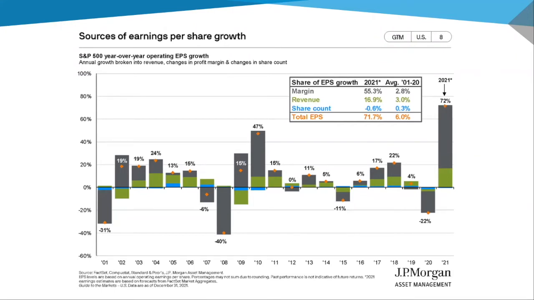Earnings were so strong, in fact, that even with the S&P 500 increasing 28%, if you include dividends, the price-earnings multiple, which is how much investors are willing to pay for a stock, was actually driven down throughout the year. So said another way, stocks actually grew into their lofty valuations from the end of 2020.